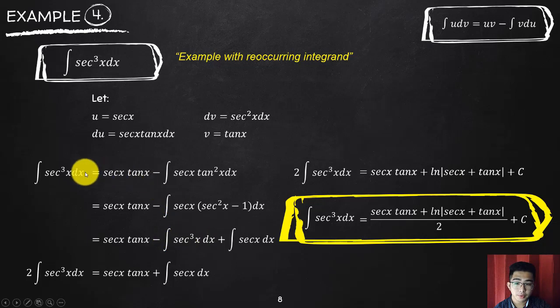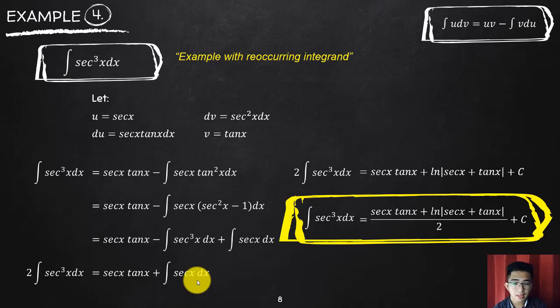So if you transpose the negative integral to the left side, it becomes positive secant cubed x dx. That is now added to another positive secant cubed x dx. So this becomes 2 integral of secant cubed x dx is equal to secant x tangent x plus the integral of secant x dx.